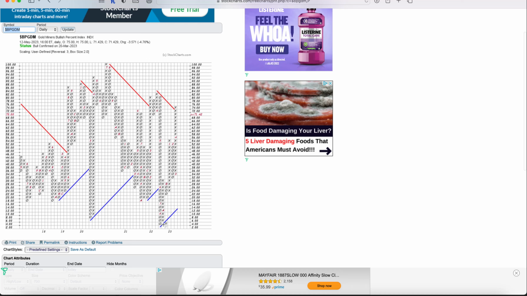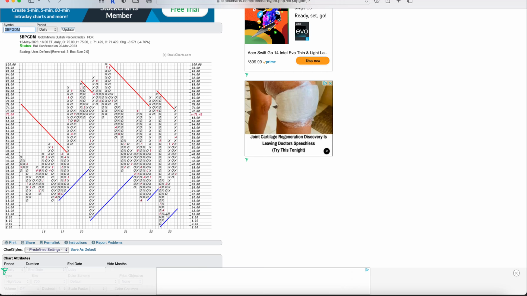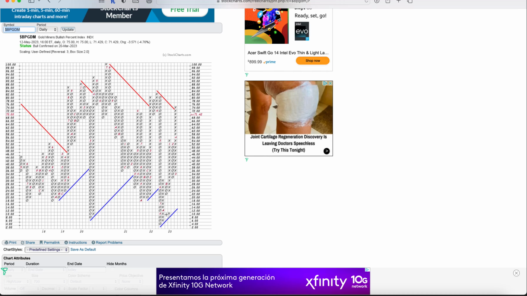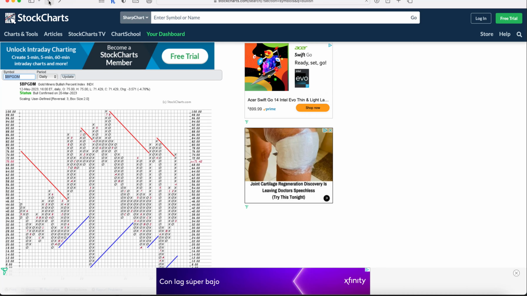Well, when you get down to 4% of stocks in the gold miners index, that means that 96% are on a sell signal. And when you get that kind of percentage, then I don't want to say has to, but it almost has to go back the other way. And that's how you can use this.